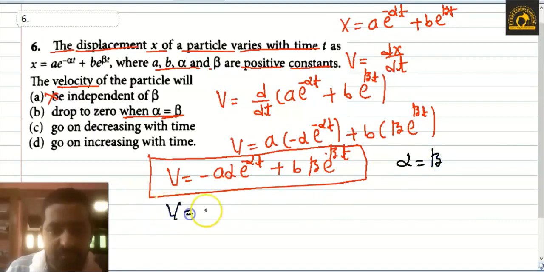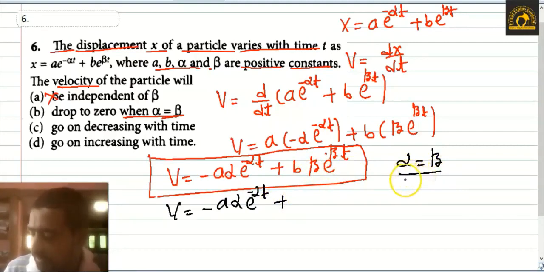Then velocity is equal to minus a alpha e to the power of minus alpha t plus b alpha e to the power of alpha t, where b is as it is.